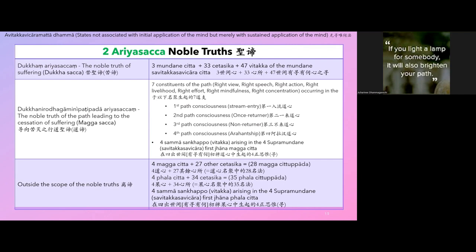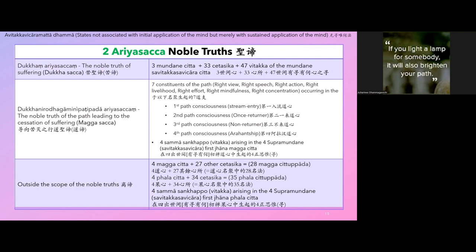However, under the savitakkasavicārā dhammā, we got 4 magga chitta, first jhana magga chitta. And those chitta had vitakka cetasika or samma sankappa arising together with them. They are classified here separately as 4 samma sankappa arising in the 4 supramundane savitakkasavicārā, first jhana magga chitta. So that is included separately here.